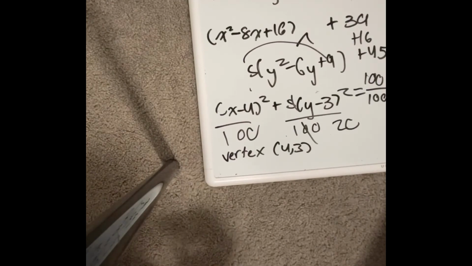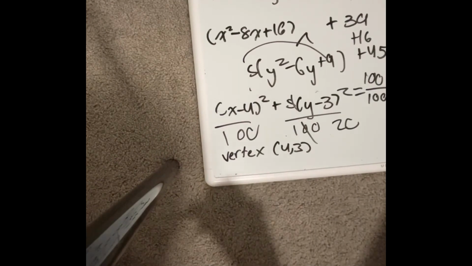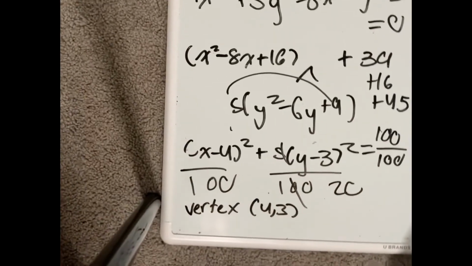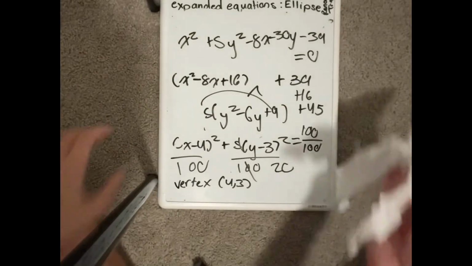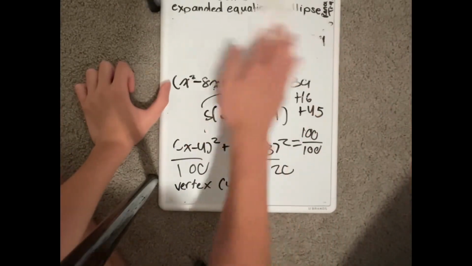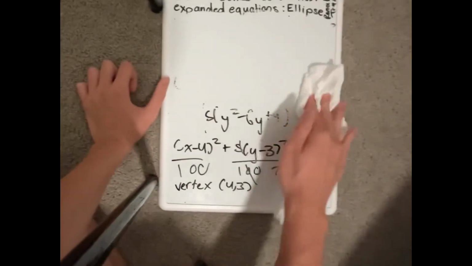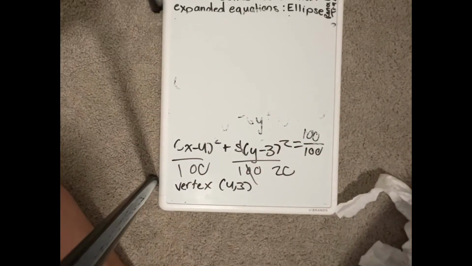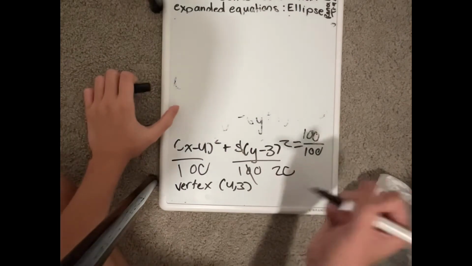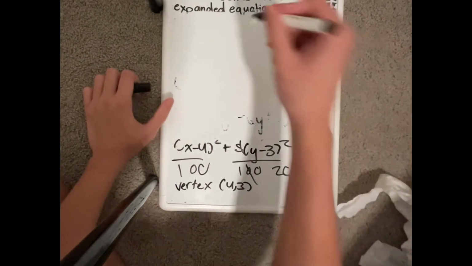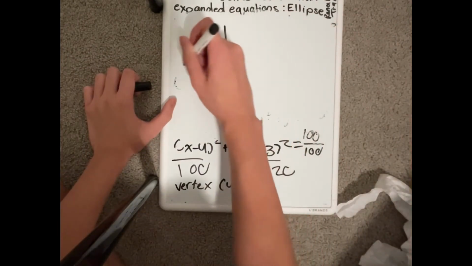And that will be it for today's lesson. Thank you for listening. Adding on, this is how you get an ellipse from the equation. So this is our equation. We know the vertex is at 4 and 3.